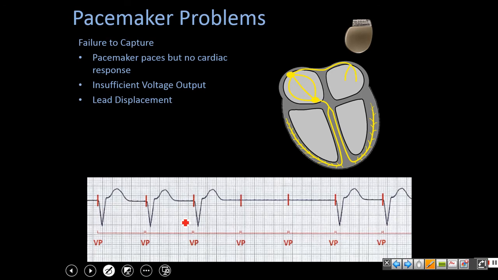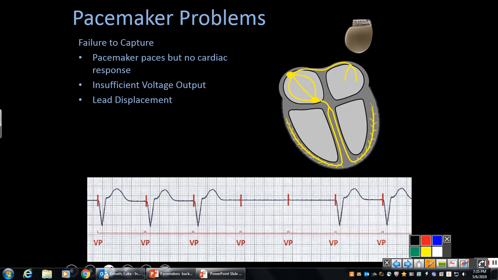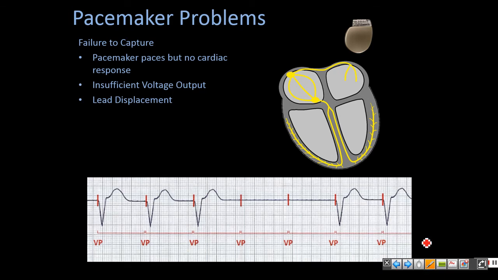Pacemaker problems. Failure to capture. Failure to capture is when the pacemaker initiates an electrical impulse and there's no cardiac activity. Why would this happen? So in this scenario, we'll just draw a single chamber pacemaker that is vent pacing.